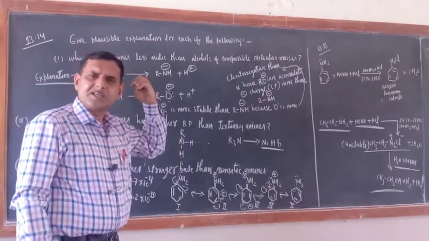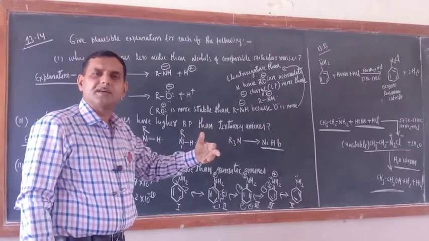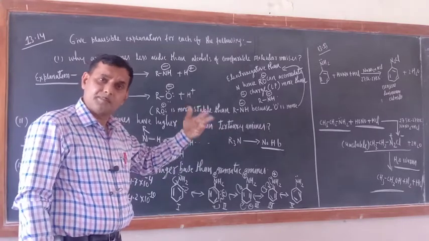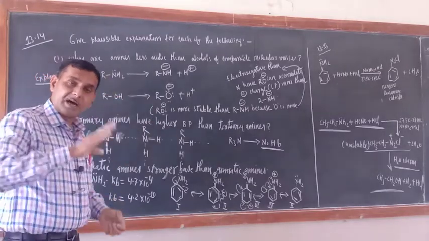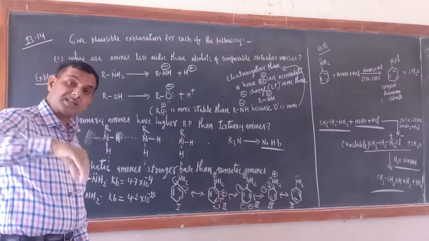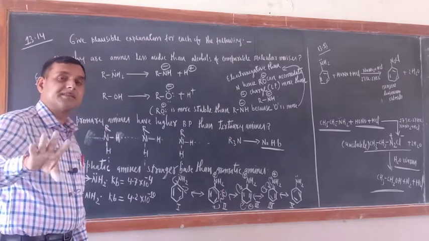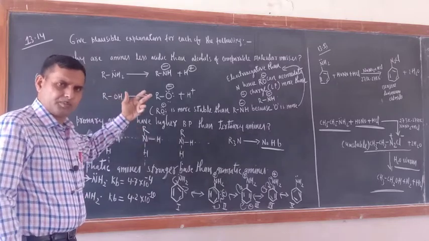Since it is a very weak acid, we can say it is very near to the base. Amines are basic and alcohol is acidic, but since it is a very weak acid, it is comparable to a base.